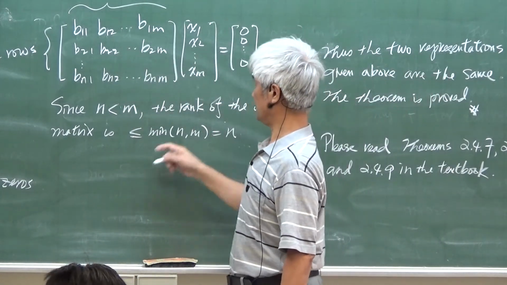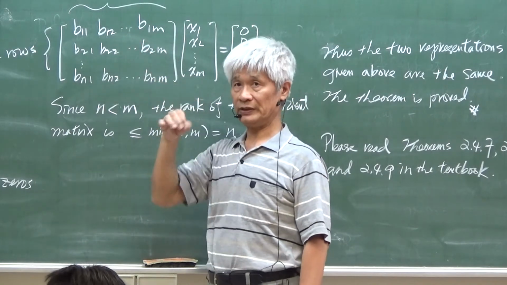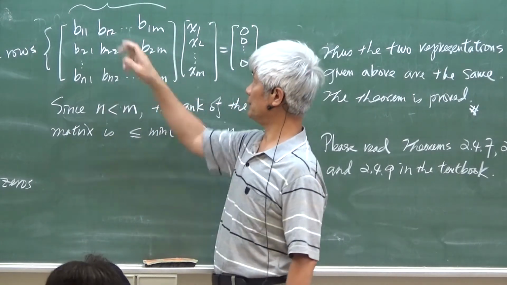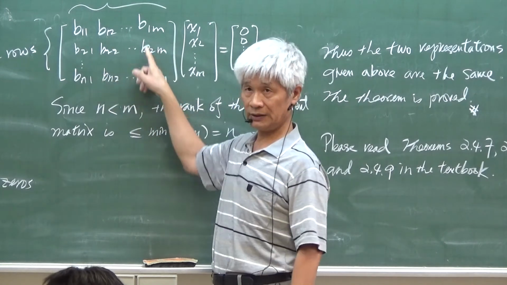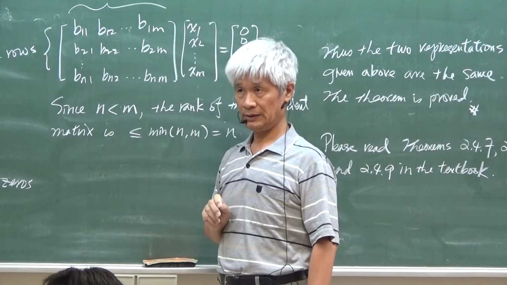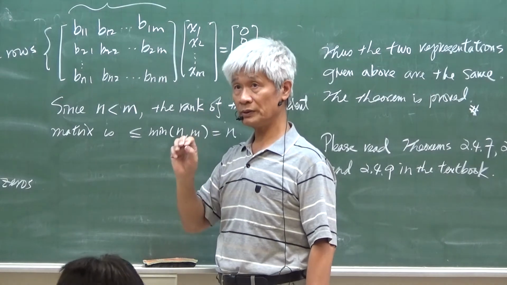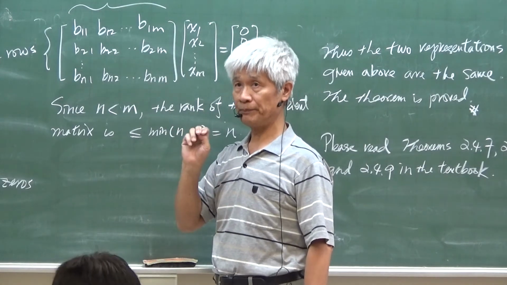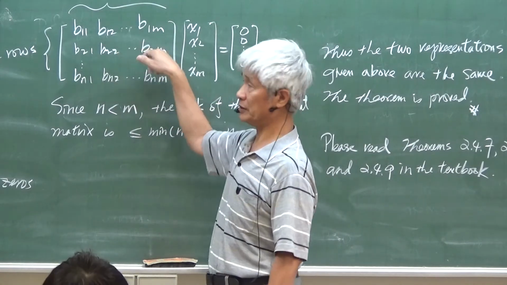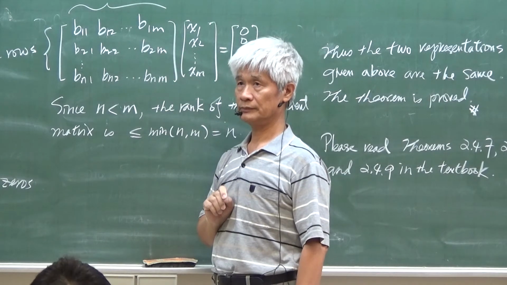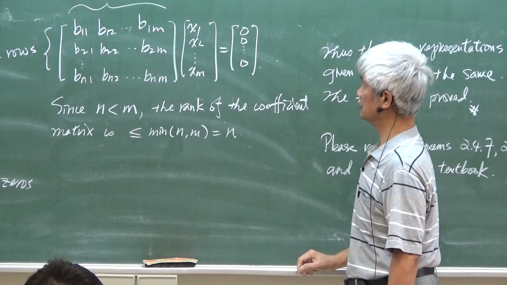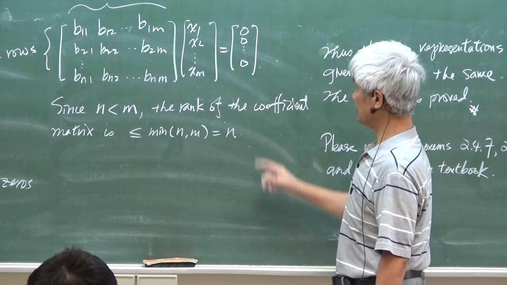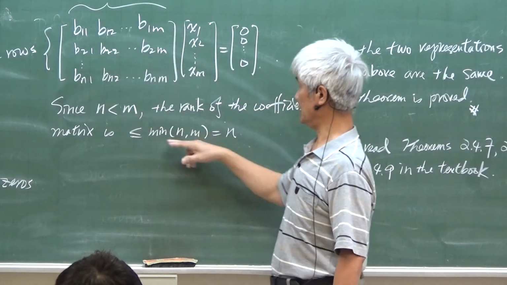And the rank of the coefficient matrix, the number of pivots in the reduced echelon form of the coefficient matrix, is also equal to the number of pivot positions in the matrix here. So the number of pivots is less than or equal to n.